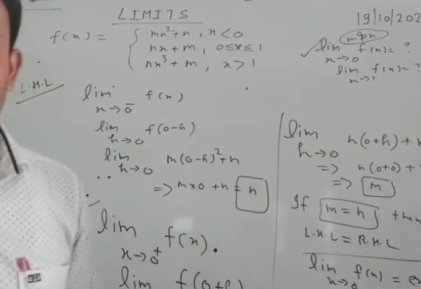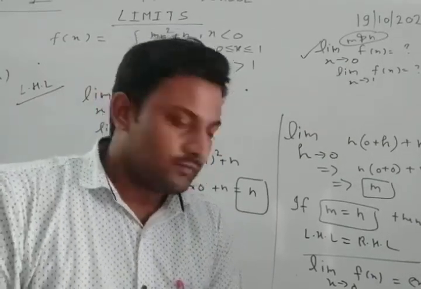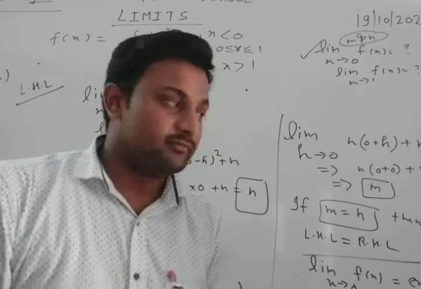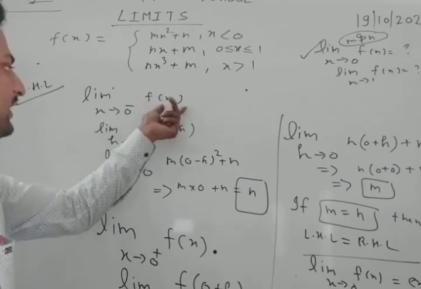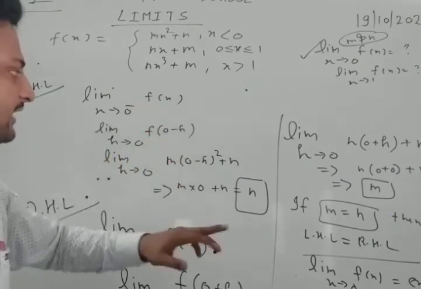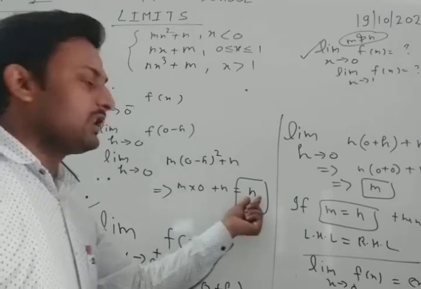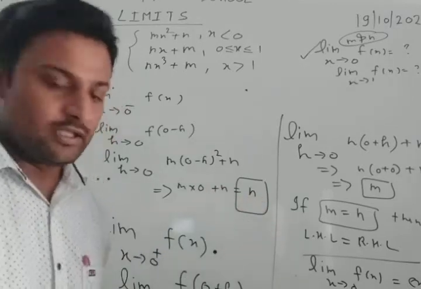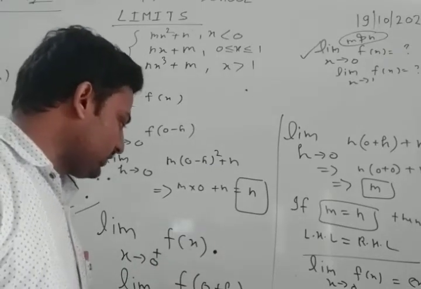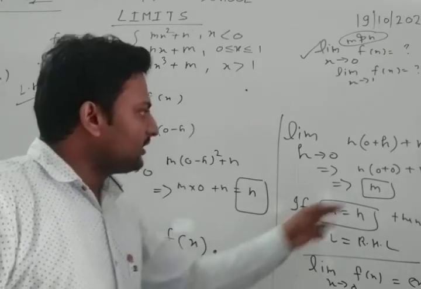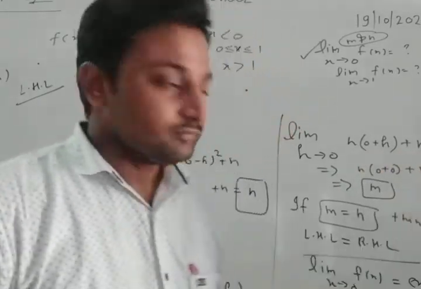Okay, so what we have done here: first we found the left hand limit, x tends to 0 minus, f(0 − h), so m(0 − h)², and with h equal to 0 the left hand limit is n. Now the right hand limit, x tends to 0 plus, h tends to 0, f(0 + h), so n(0 + h) + m, so the right hand limit is m.